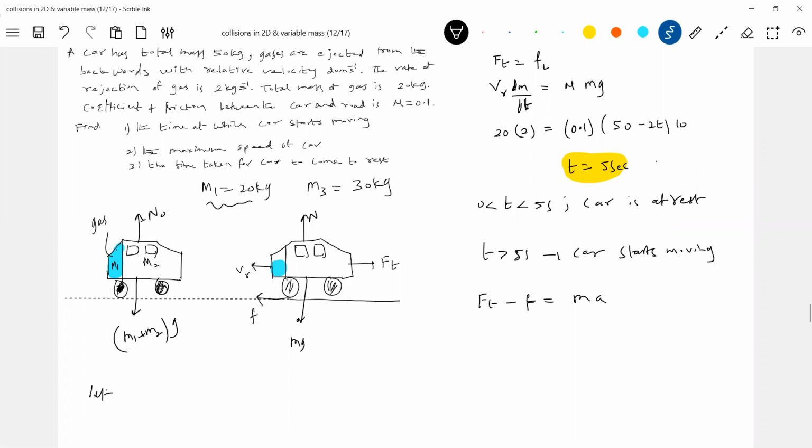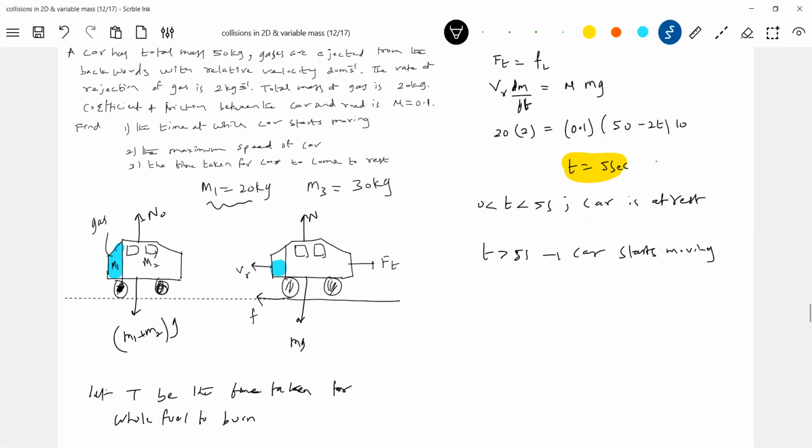Let T be the time taken. How to calculate this T? M naught minus 2T.